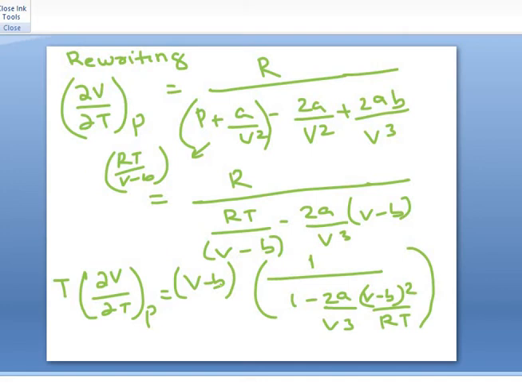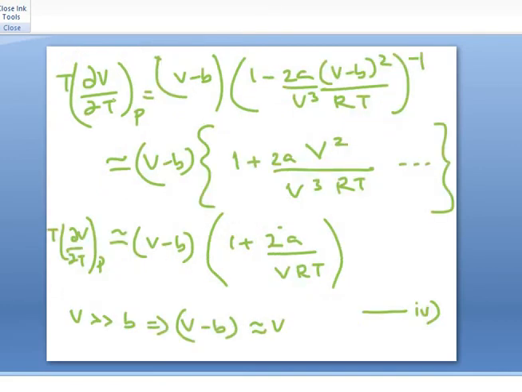T dou V by dou T at constant P is V minus B and 1 minus 2A by V cube, V minus B whole square RT. This comes out to be in this form. Now this is an expansion: 1 minus 2A by V cube, V minus B square RT, raised to minus 1.